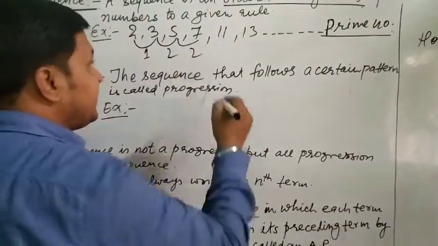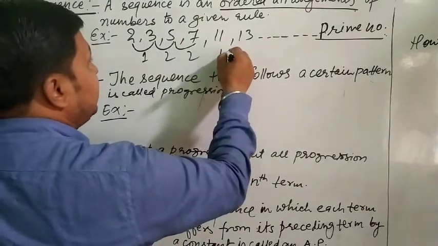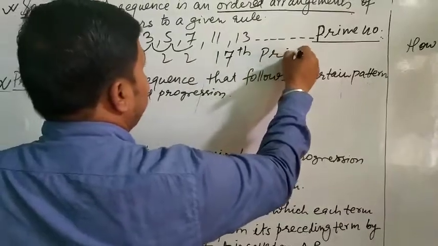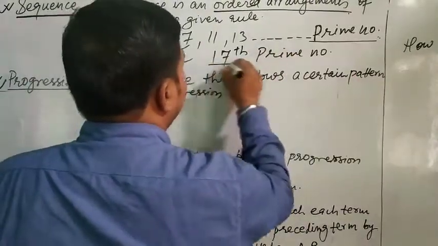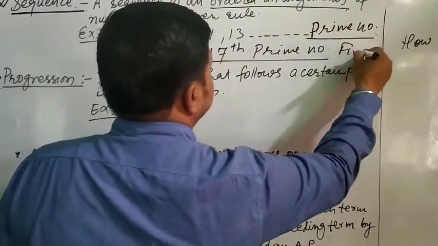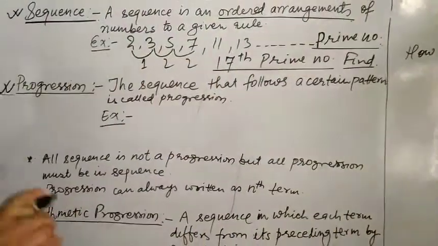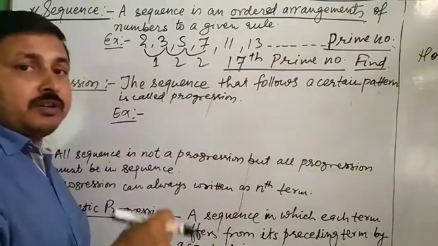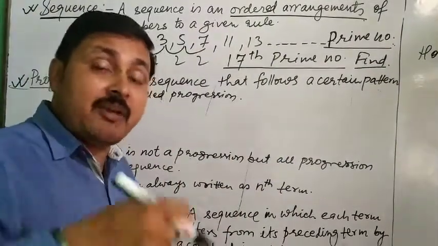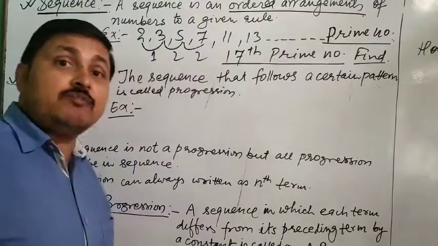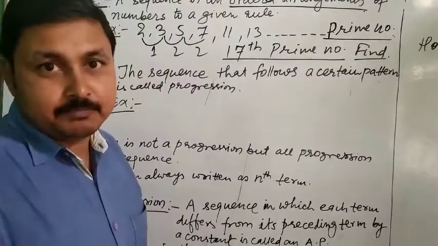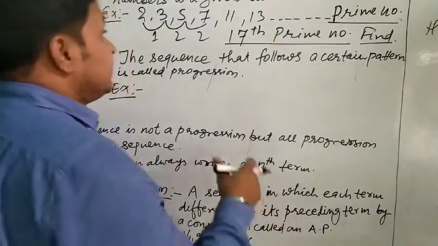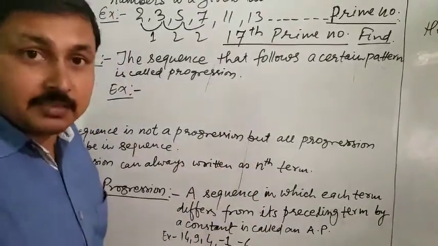If I told you to find the 17th prime number, how could you find that? You must write all the 17th prime numbers in your notebook, then you can find the 17th prime number, or you must remember that. But you can't find that by any pattern.